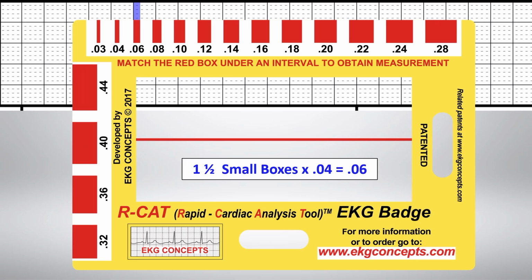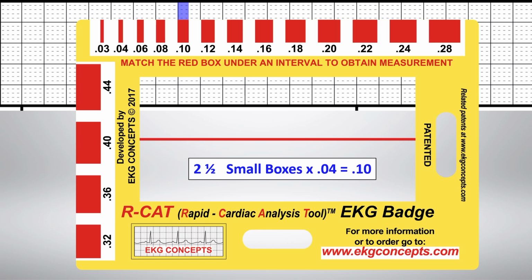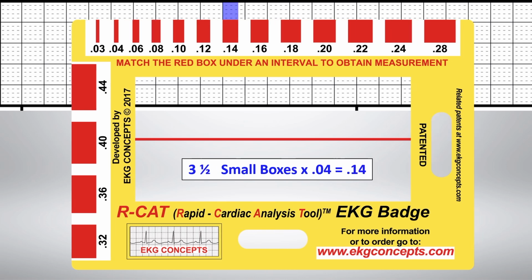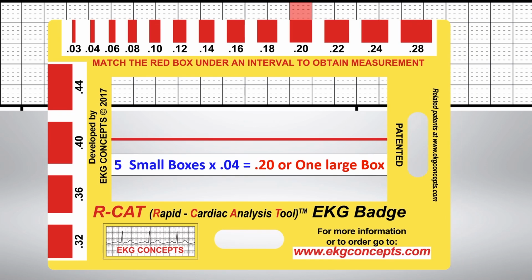The calibrated red boxes on the EKG badge make it simple to accurately measure cardiac intervals without the need to tediously count little boxes. In this example, you see that 5 small boxes equals 1 large box.